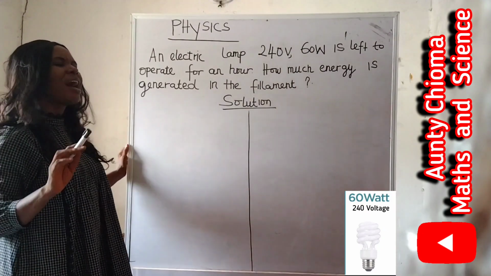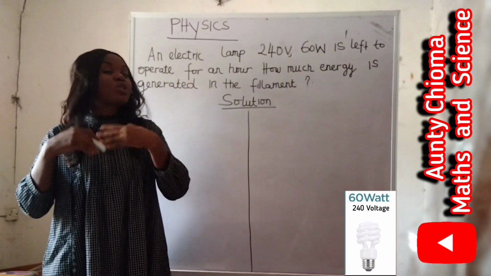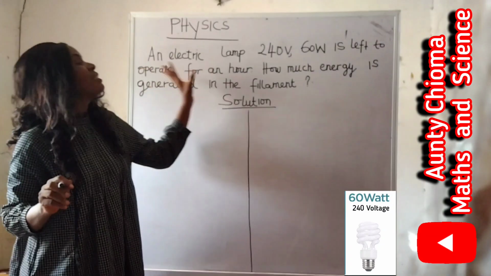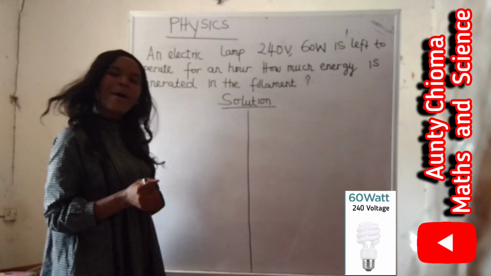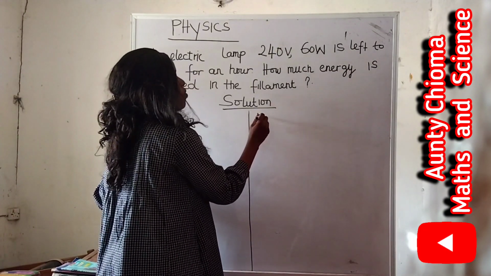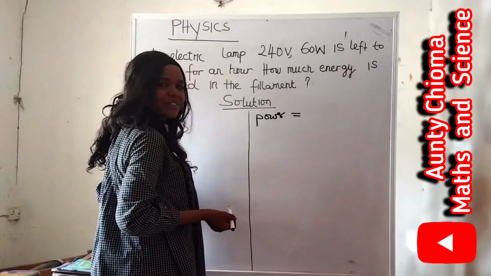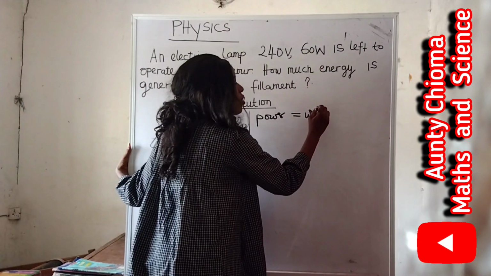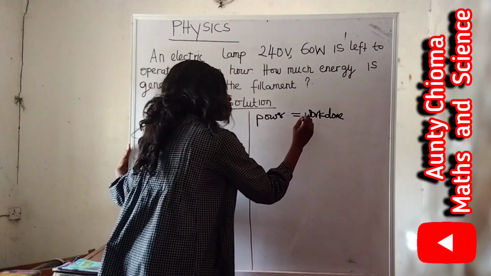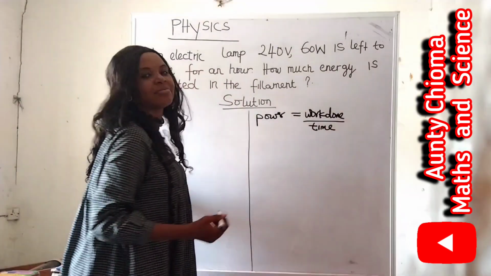Before we begin to solve, I want us to have at the back of our mind one of the most common formulas in electricity, which is that electric power is equal to work done over time taken to do the work.